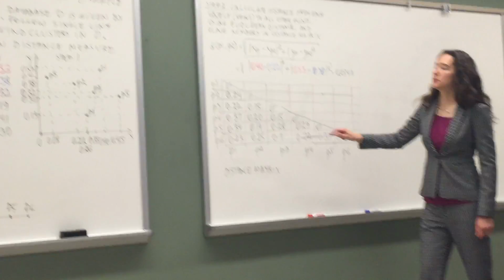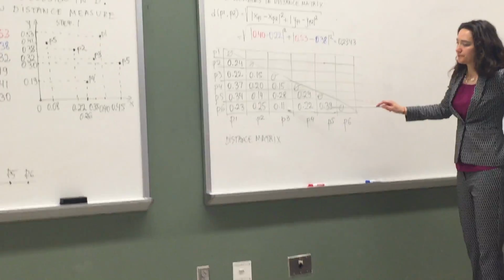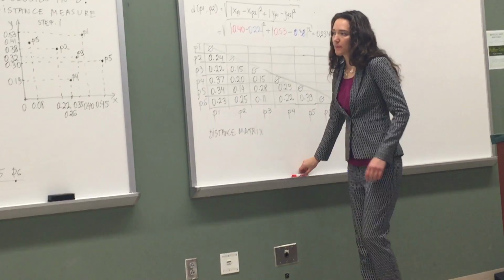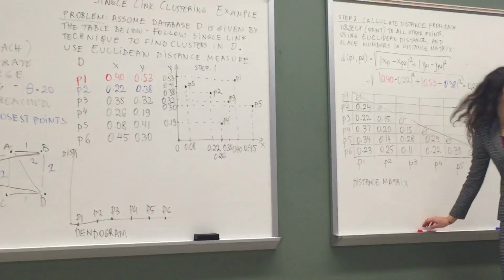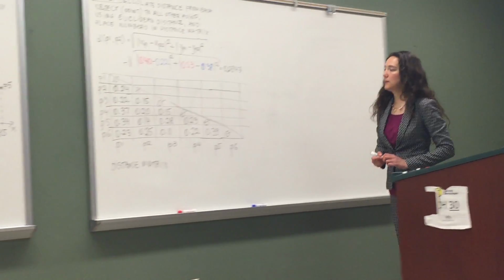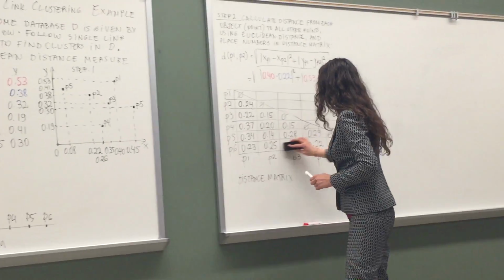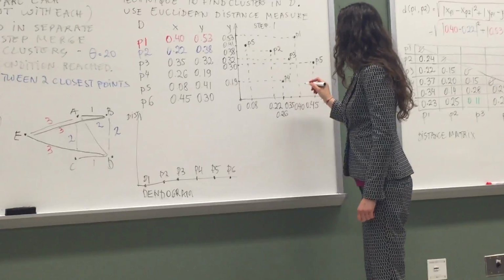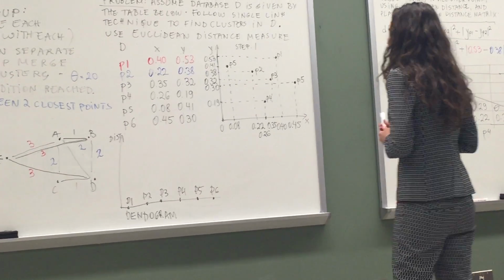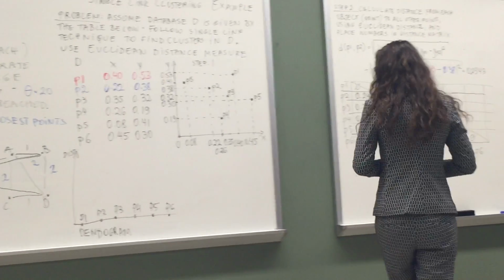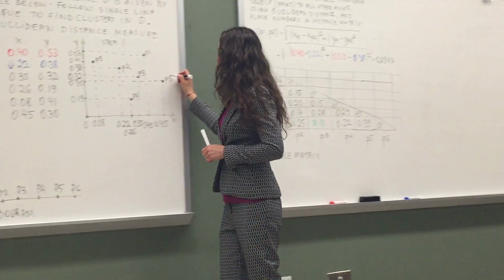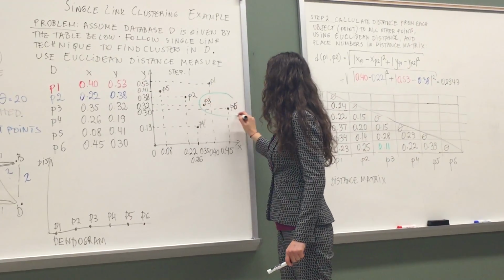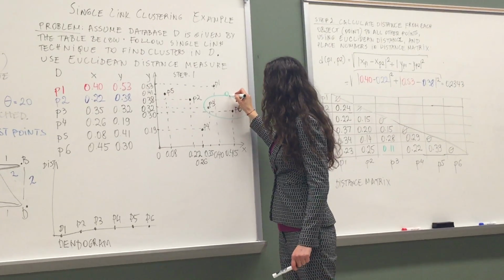So point 3 and point 6 will be merged first, at distance 0.11. This is point 6. So point 3 and point 6 will be merged at distance 11.